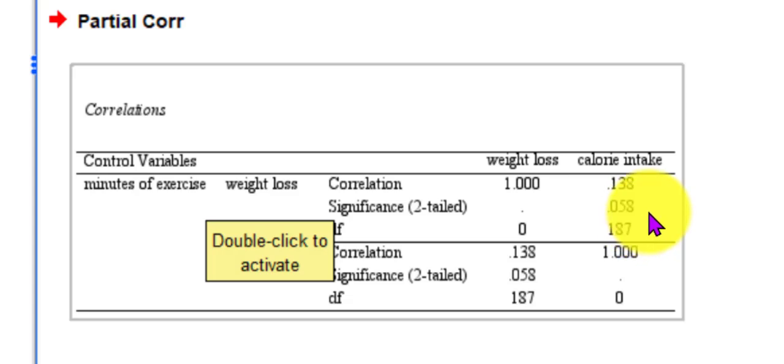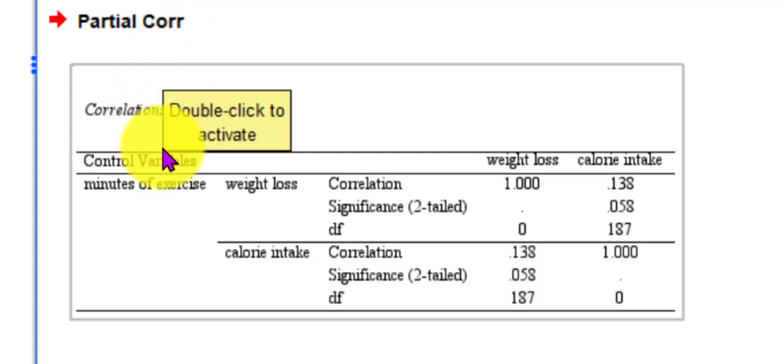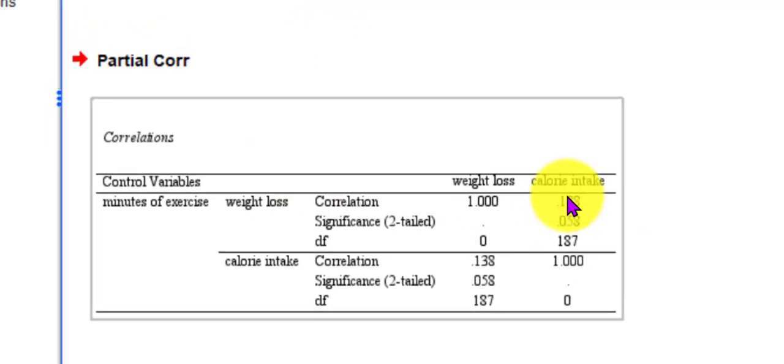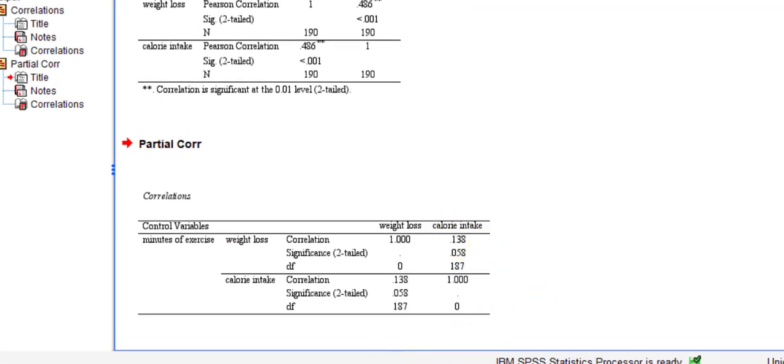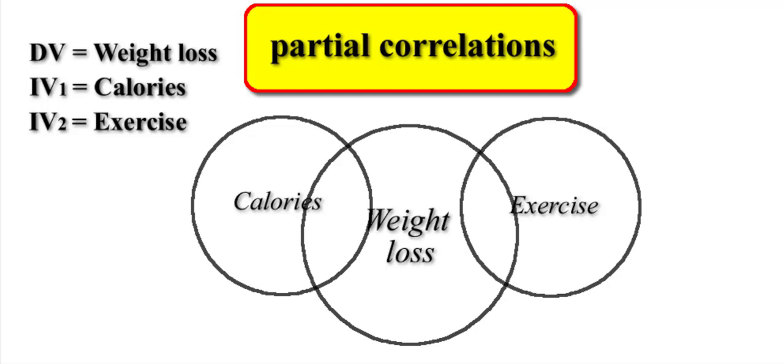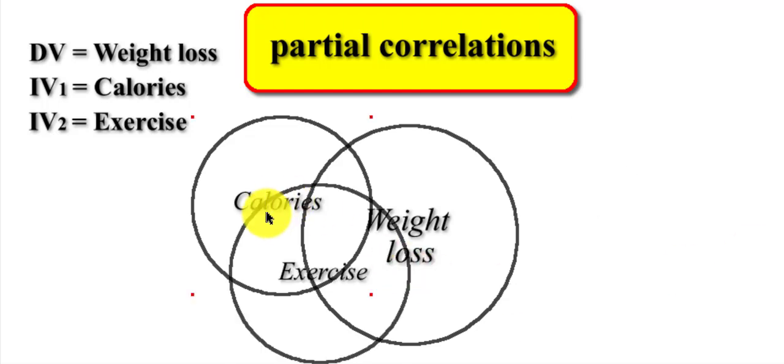Got that? So after partialing out, or controlling for, exercise minutes, the relationship between calories and weight loss is no longer significant, which means that your model is going to look something like this. It's not going to look like that. It's going to look more like this, right?